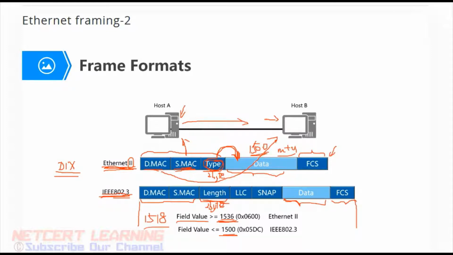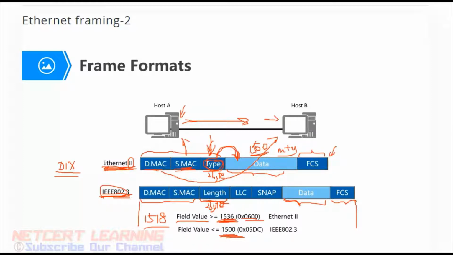And the type value in Ether 2 should be bigger than this value; values smaller than this will not be assigned, as they are used as the length. So when a host receives the frame, it looks at this value. If it is smaller than 1,500, then it's a length, and the frame is this format.